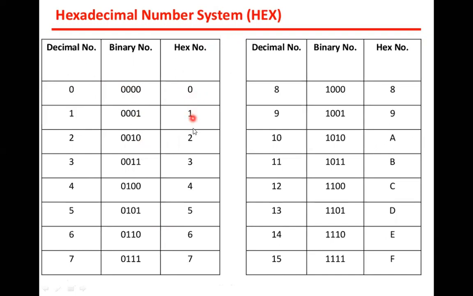So 0, 1, 2, 3, 4, 5, 6, 7, up to 9 it will be 8 and 9, and after 9 it is A, B, C, D, E, F. So if I ask what is the equivalent of the binary number 1111, the equivalent in the form of hexa is F. So 15 is the decimal number, 15's binary equivalent is 1111, and 15 decimal equivalent in hexa is F.